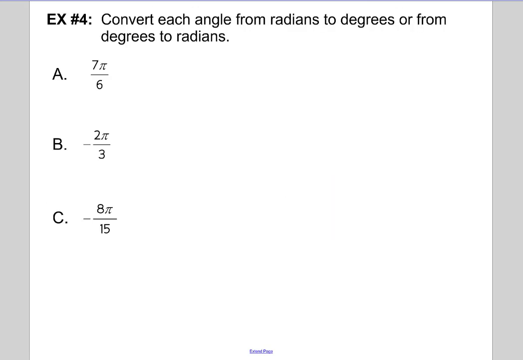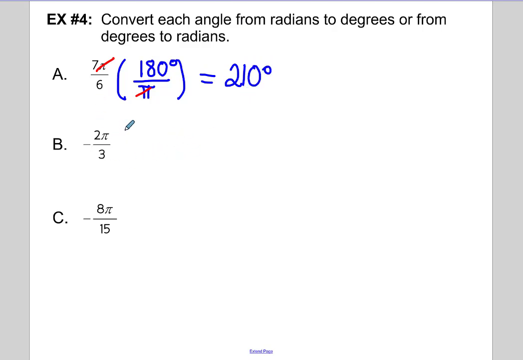Here's about 6 examples we can try. Convert each angle from radians to degrees, or from degrees to radians. So we have a radian measurement here, and we want to convert it to a degree. So I want to keep 180 degrees in my numerator and divide it by pi. You see how the radian measurement is going to go away? When the pi's cancel, 7 times 180 divided by 6 is going to be 210 degrees.